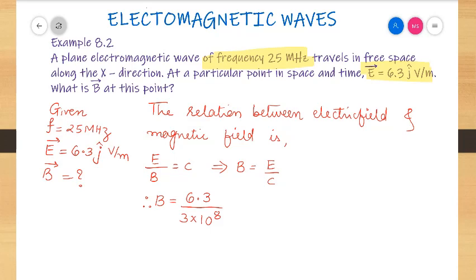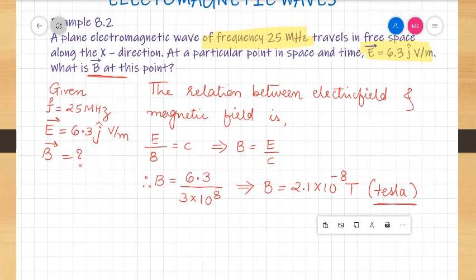So if you simplify this, you will get B equals 2.1 into 10 raised to minus 8 T, where capital T means Tesla, which is the unit of magnetic field. But in the question it is given that you have to find B vector. We have calculated the magnitude of magnetic field, but we want to calculate B vector, that is, direction also.